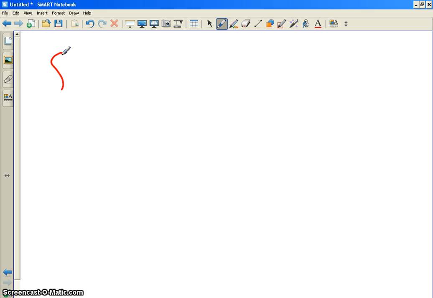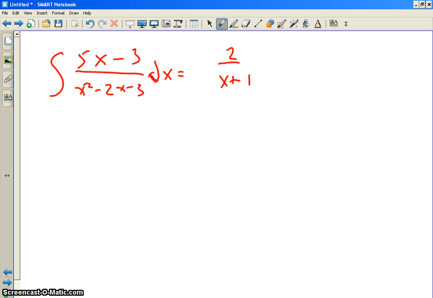So the result is this, that this original problem can now be rewritten as a, which was 2 over x plus 1, plus b, which was 3, which became 3 over x minus 3, dx. I could make it one big fat integral or two separate integrals, whatever, same thing.